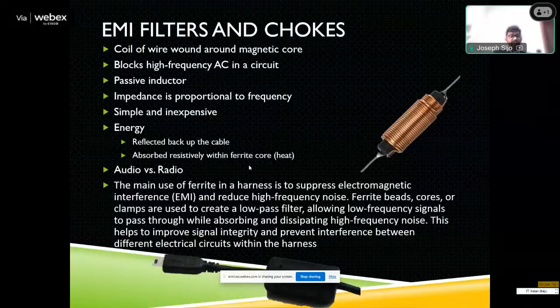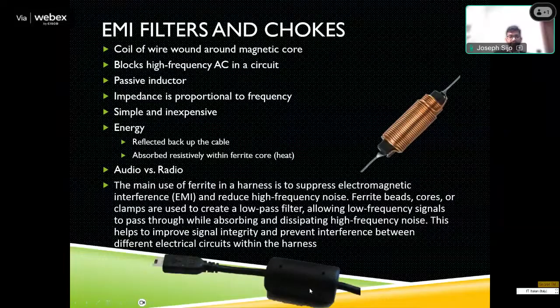And also, a big example we can see is in some cables like HDMI cable, there will be some ferrite. I can see it here. Ferrite acts as a low pass filter, allowing the low frequency signal to pass through while absorbing and dissipating the high frequency noise.